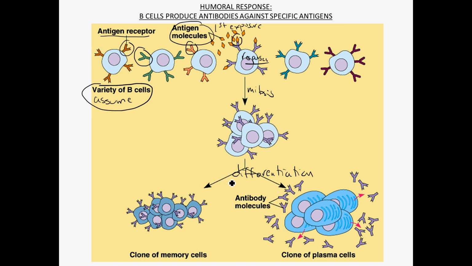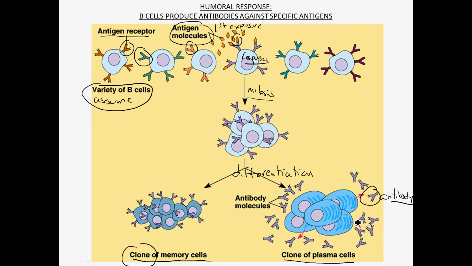And so what we saw is that we get these memory cells, and again they are clones because of this mitosis. We get lots of these memory cells that are just going to be stockpiled and waiting. But then you also get a clone of these plasma cells, and these plasma cells now start to churn out antibodies.